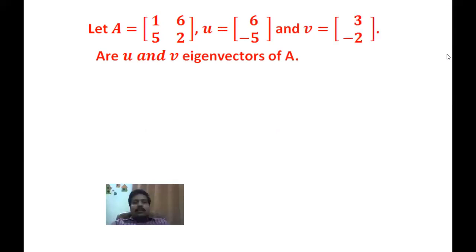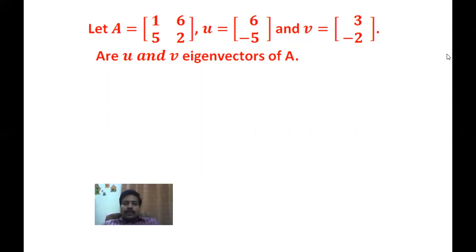So let us check whether the given vectors are eigenvectors of A or not. This is very simple. Let A be [[1, 6], [5, 2]], U be (6, -5) and V be (3, -2). Are U and V eigenvectors of A?